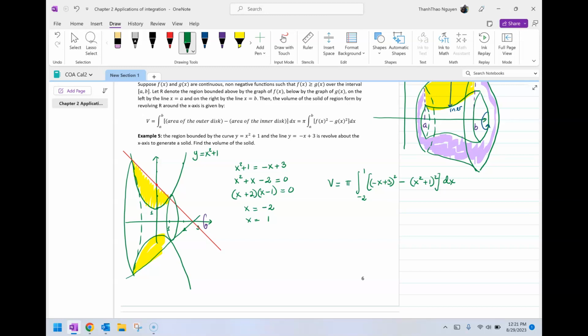I'll expand this all out, combine like terms, and do the integral.